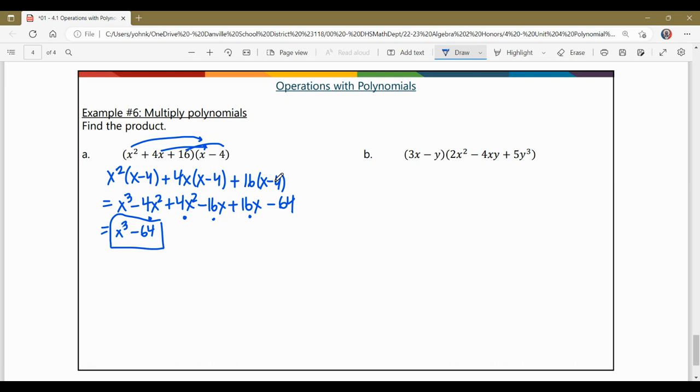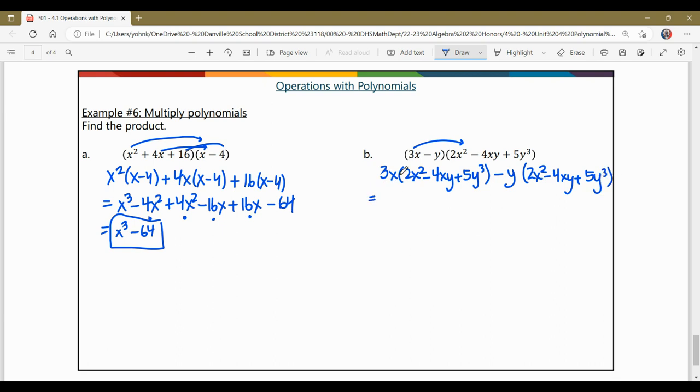All right, last problem. We've got a binomial and a trinomial. So let's take the 3x and multiply it by everything: 3x times 2x squared minus 4xy plus 5y cubed. And let's do minus y times 2x squared minus 4xy plus 5y cubed.